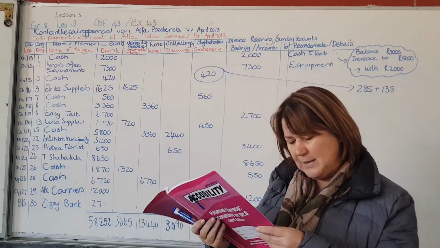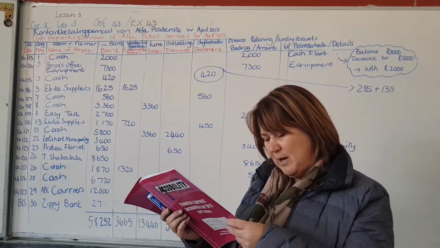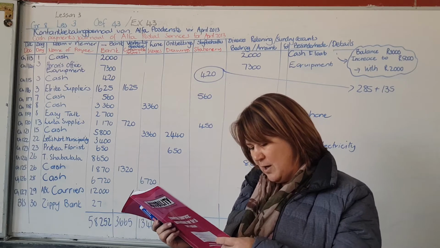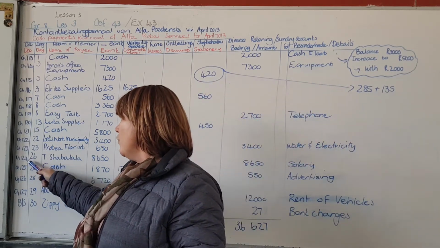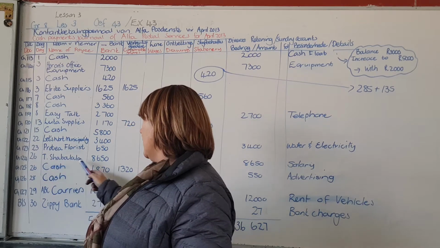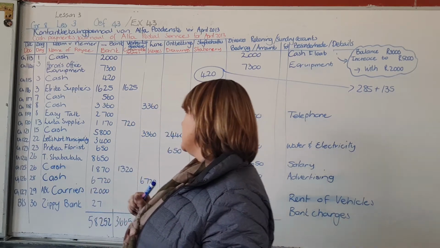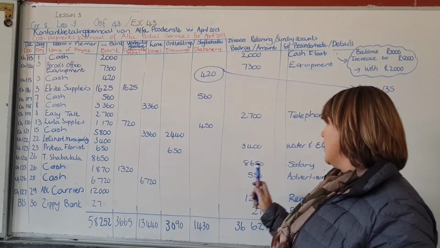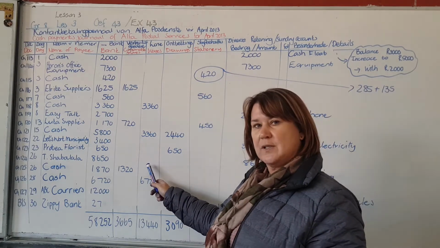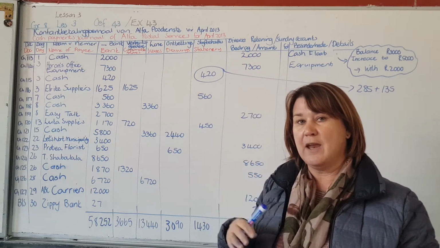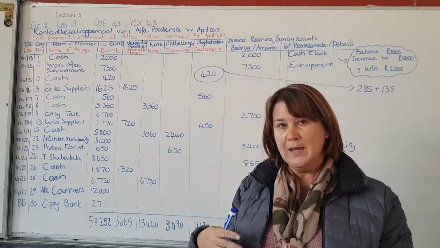And then on the 26th, the cashier Shabalala was paid her salary by check. So then check 124 on the 26th, T Shabalala 8650 is the value of the check. What did you pay? Her salary. Please, it's not wages. Wages gets paid every day or every week. Right?